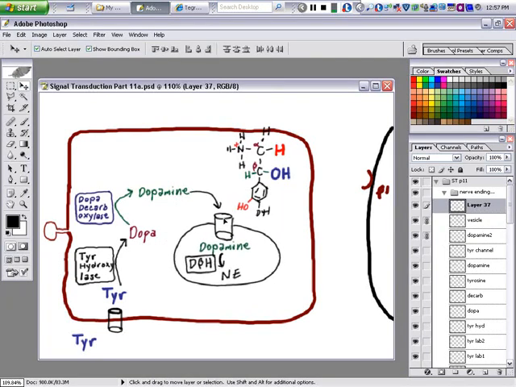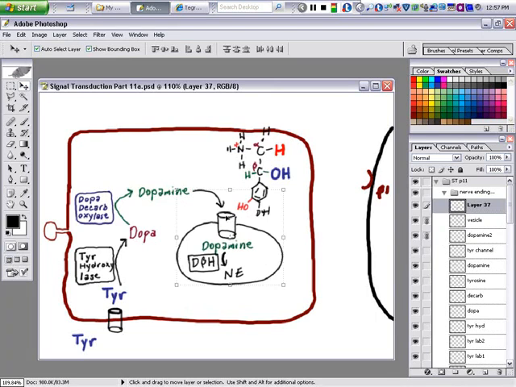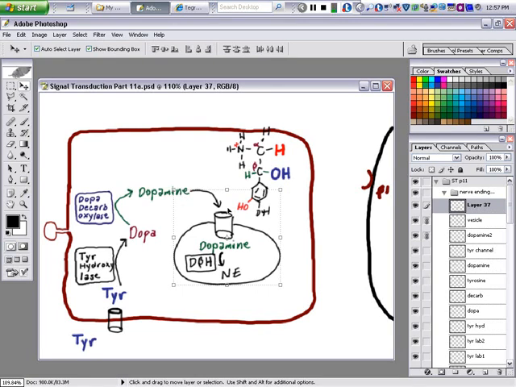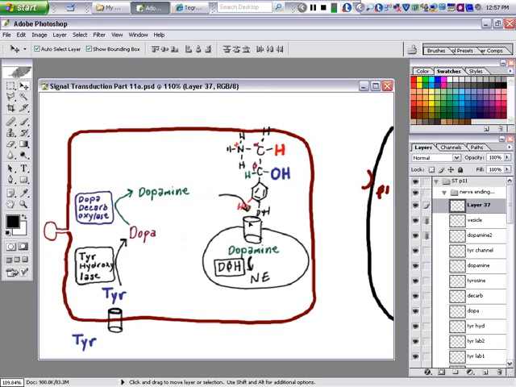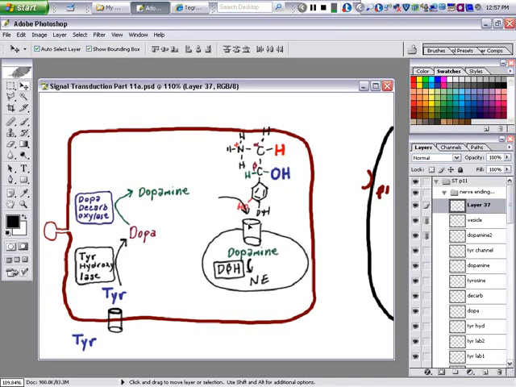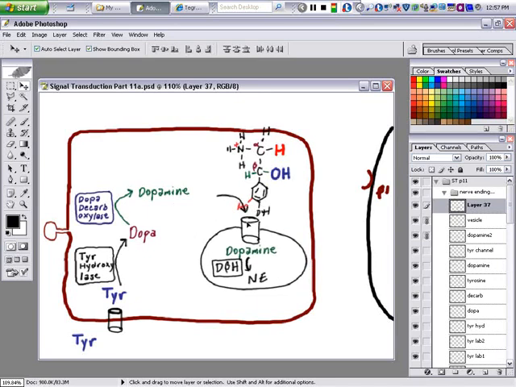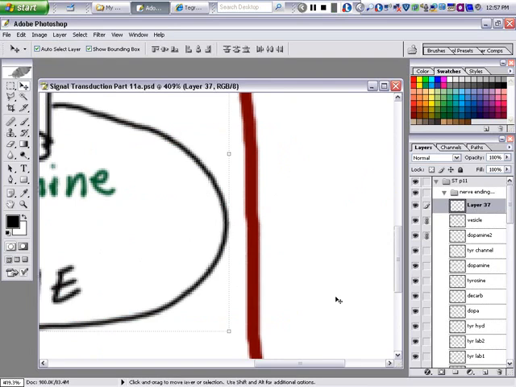Okay, great. Here's my vesicle. Now, what's going to happen? This entire vesicle that's filled with norepinephrine is going to move to the membrane, and then it's going to fuse with that membrane. When it gets to the membrane, what's going to happen? We're going to zoom into this area right here to show you what happens.